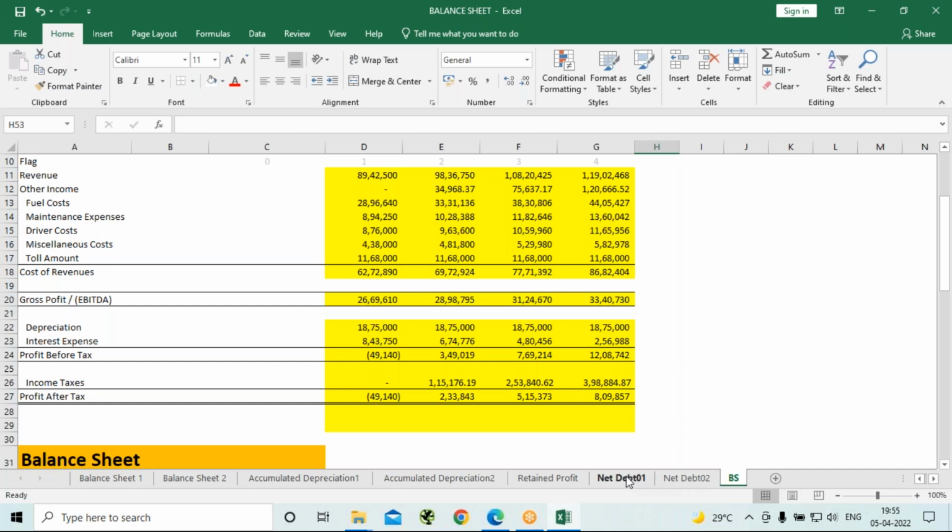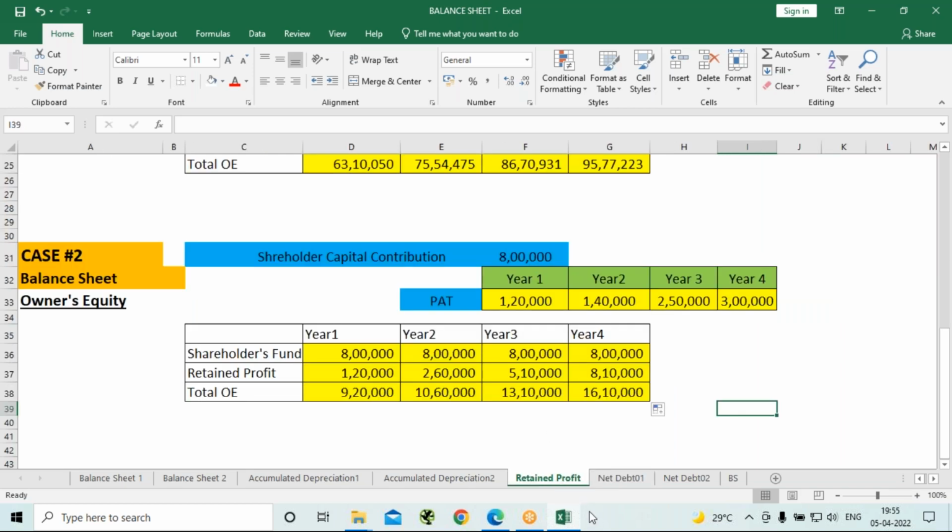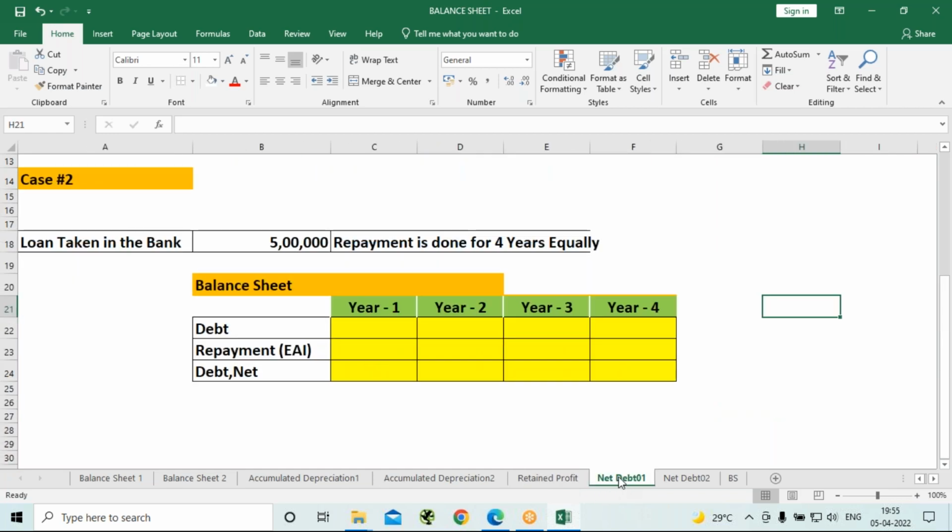It may not retain with all the things we have discussed till now. So we will wind it up here for today. I want you people to practice up to this retained profit. Okay. So the next class we are going to talk about the net debt. Is that fine?